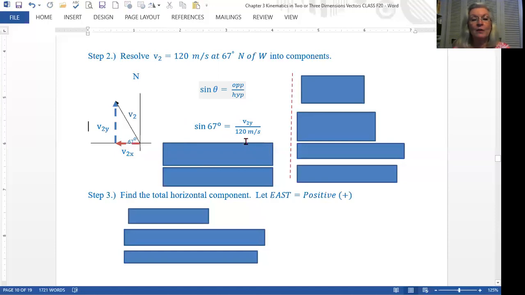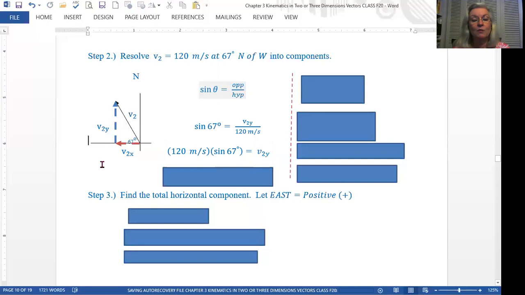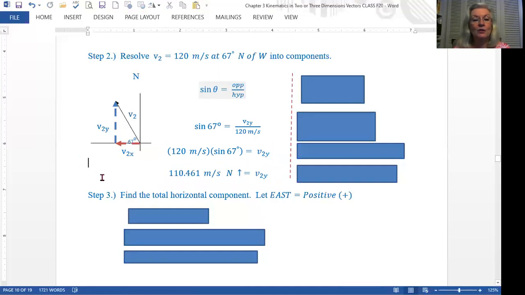We have 120 meters per second in the denominator. We need to get rid of it, so we multiply both sides by it. So you have 120 meters per second times the sine of 67 degrees. That will give you V2 in the y direction. And when you do the math, punch in 120 times sine 67 and enter, you should get 110.461 meters per second. And we know it points north because north was our vertical direction from the original statement.